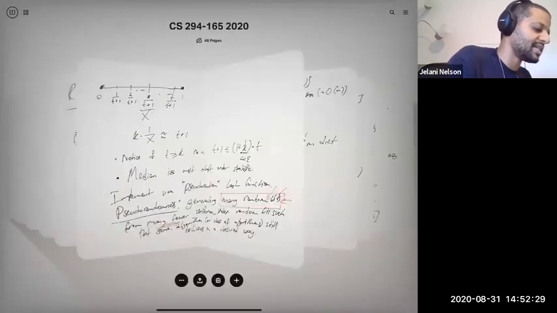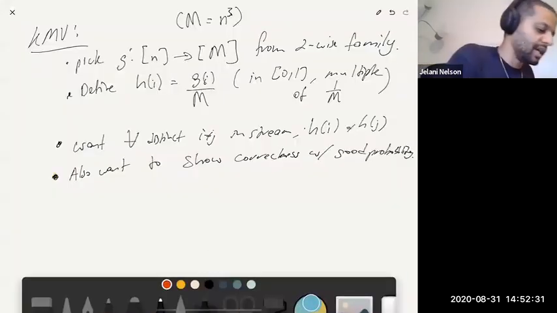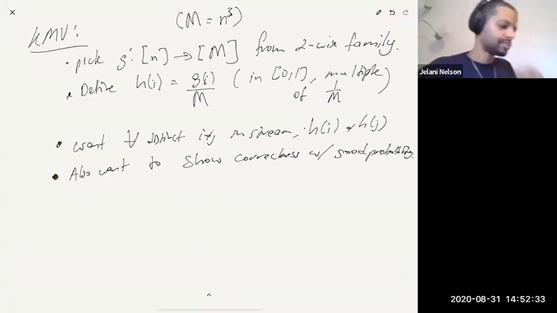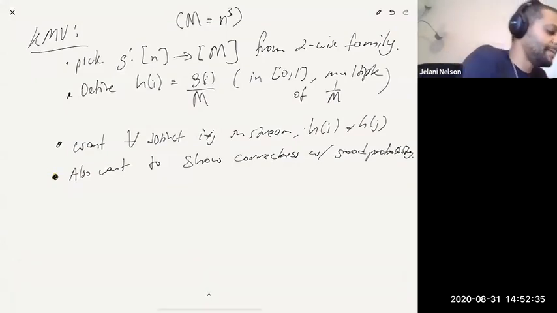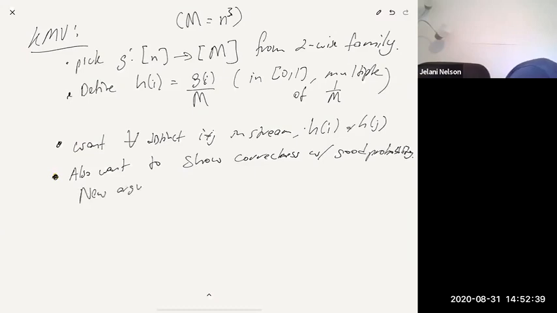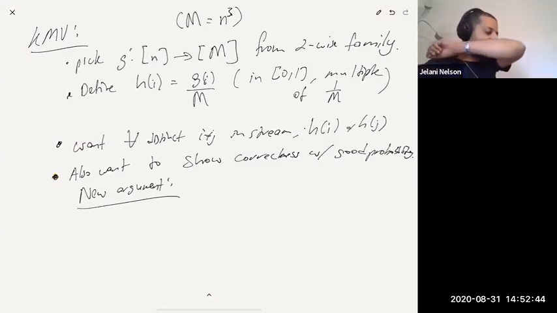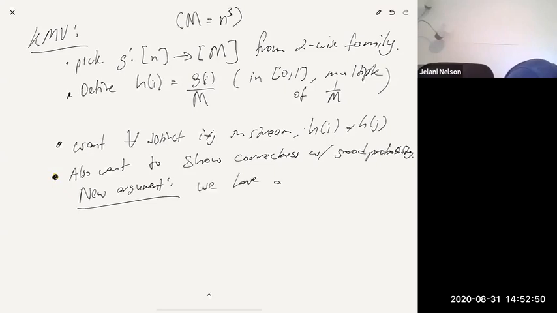So what's going to be our way around that? We're just going to analyze it in a slightly different way. The new argument is going to be that we have a problem if k over x is either too big or too small.